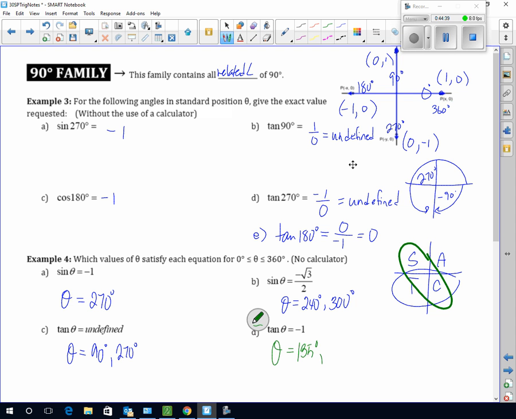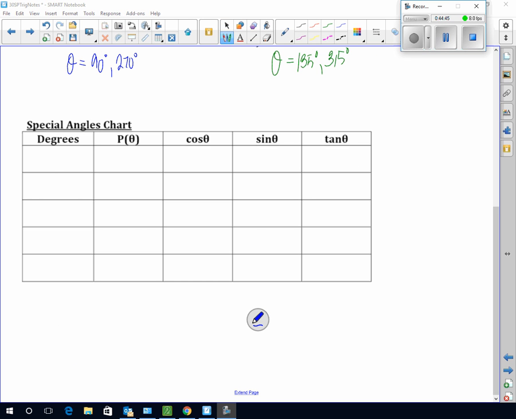Okay, so maybe at home, I want you to fill this in. This is essentially your hand, right? What's the coordinate at 0 degrees? No, at 0 degrees, right here. 1, 0.